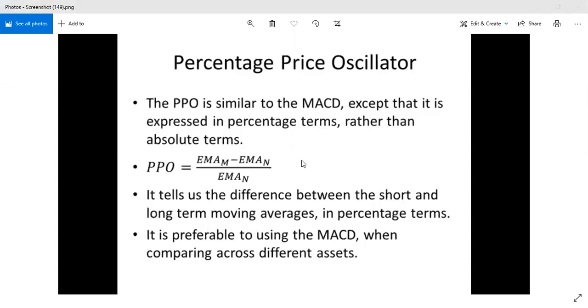Firstly we will understand all three indicators, and then we will enter them into Excel.